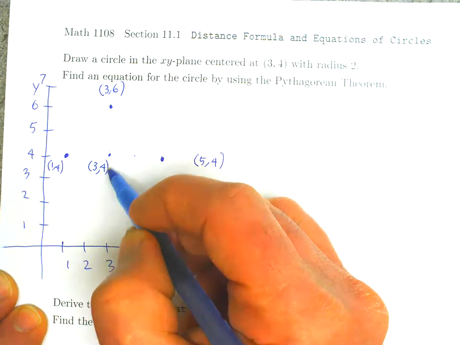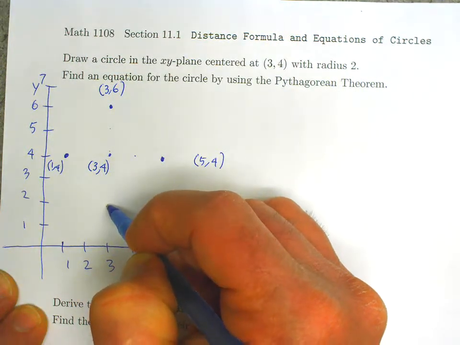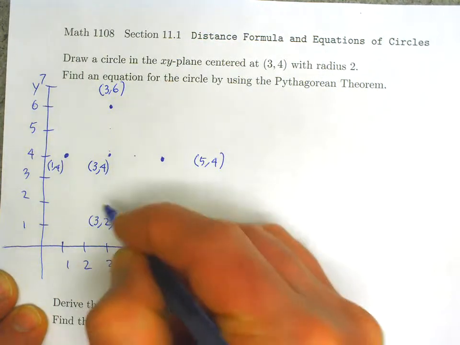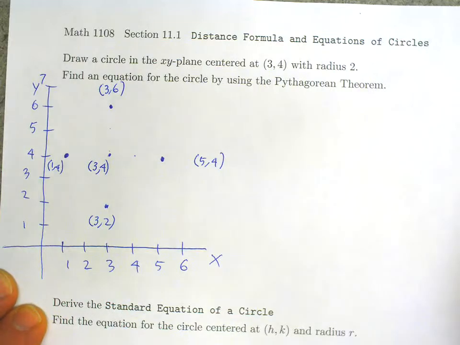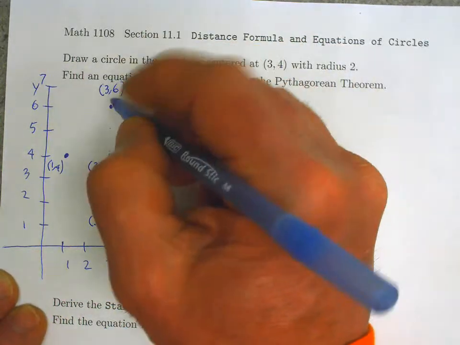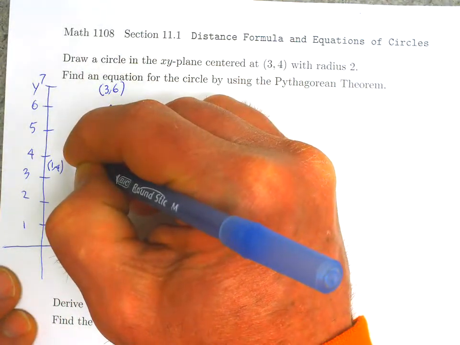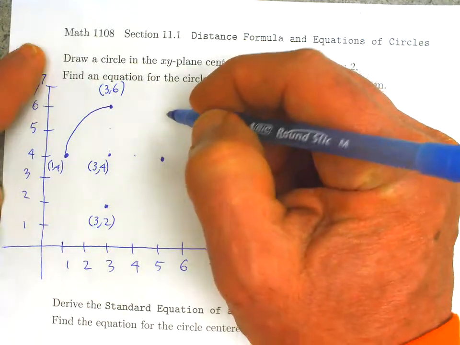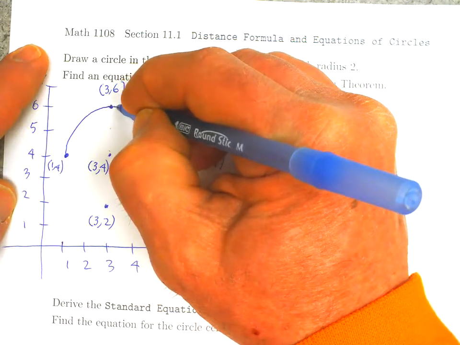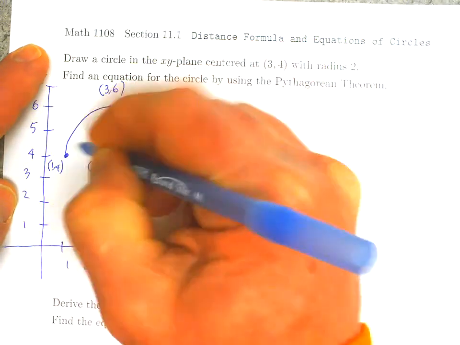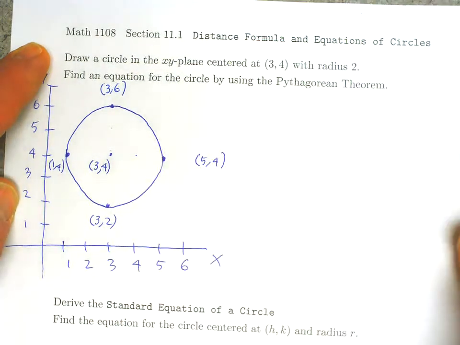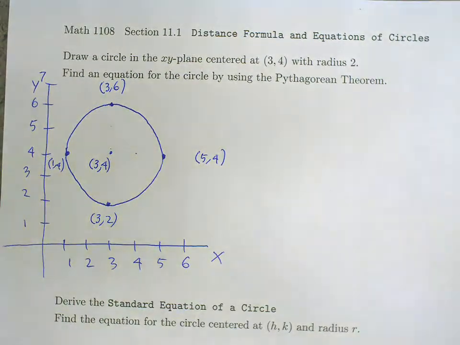And then if I move downward 2 units to 3, 2, that's another point on the circle. And then the hard part is drawing a circle. So just pretend like my drawing is a circle. So you get the idea anyway.